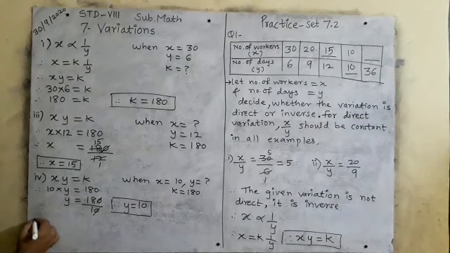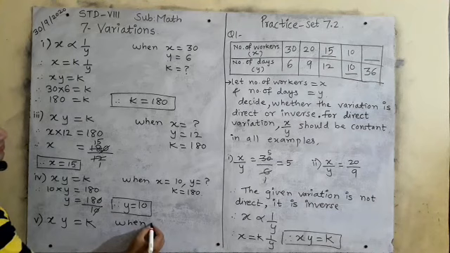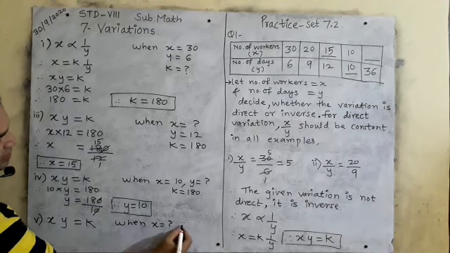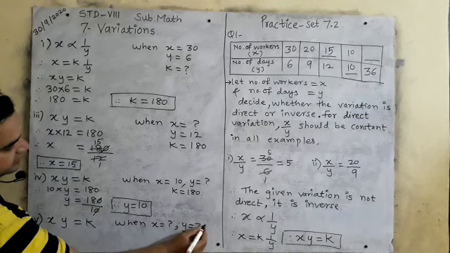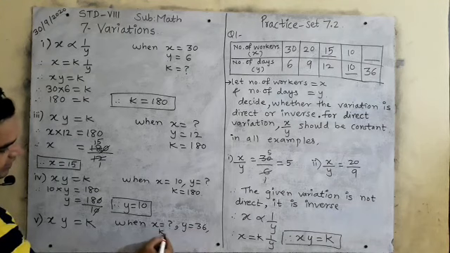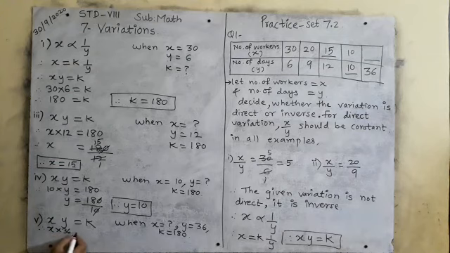Now we will solve the fifth one. xy is equal to k, when x is equal to a question mark, y is equal to 36, and k is equal to 180, right? Therefore, x multiplied by 36 is equal to k, which is 180.